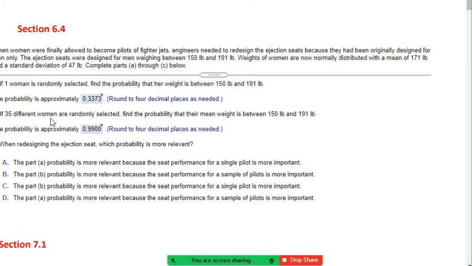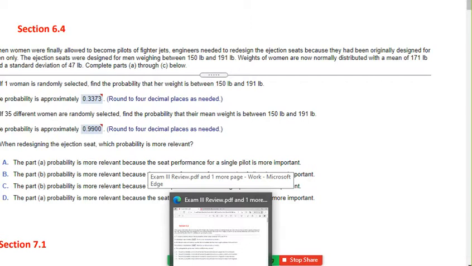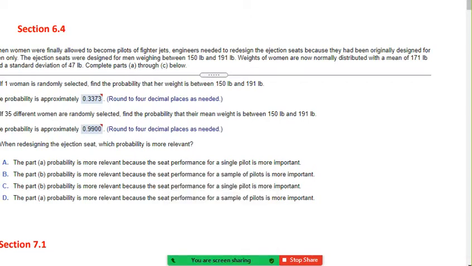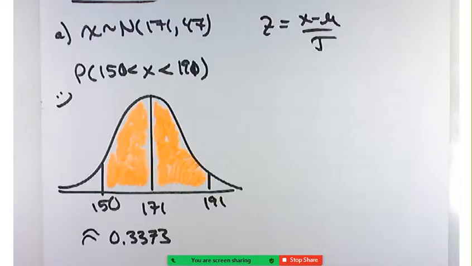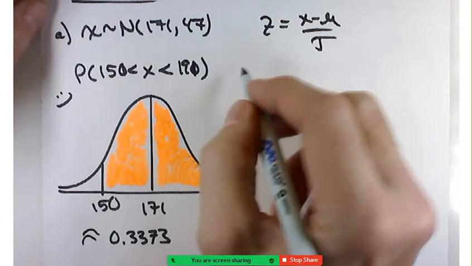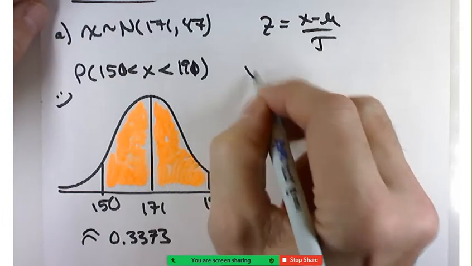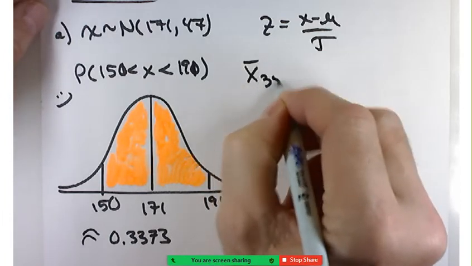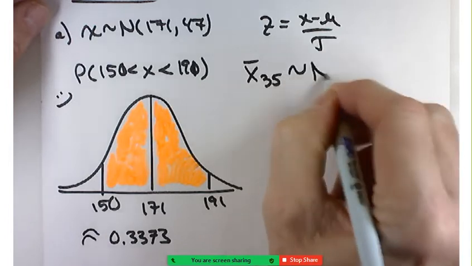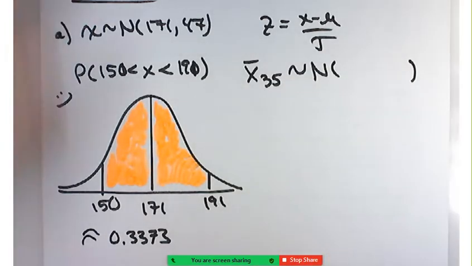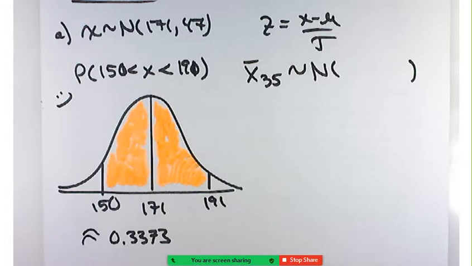If 35 different women are randomly selected, find the probability that their mean weight is between 150 and 191. So we're not dealing with the same distribution anymore. Now we're dealing with the distribution of the sample mean for samples of size 35. So let's take a look here. This is X bar for samples of size 35. The important thing to start out with is, what's that distribution?